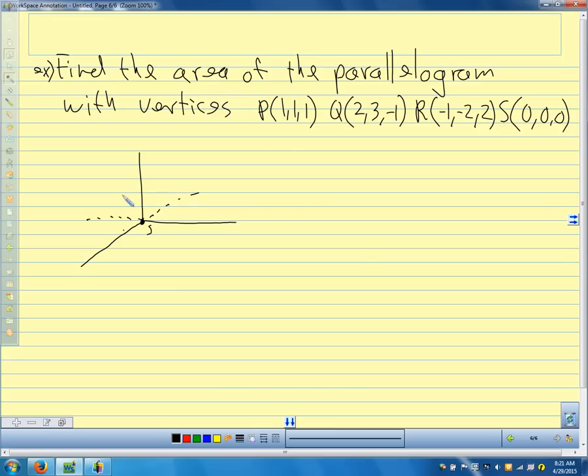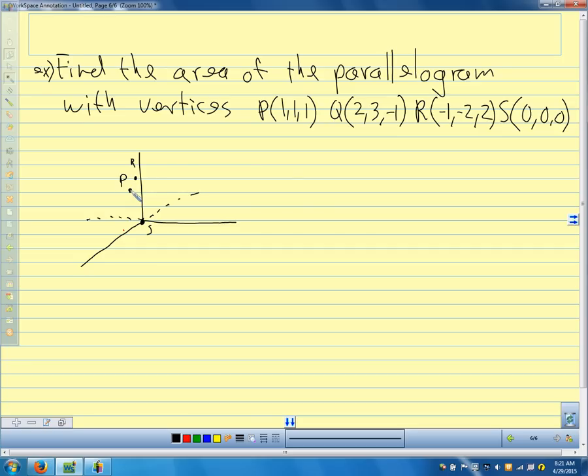I'm just going to plot point P up here. Point R is at -1, -2, 2, so point R would be roughly here.